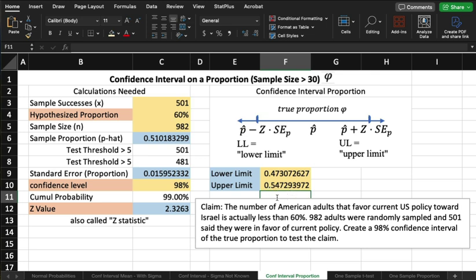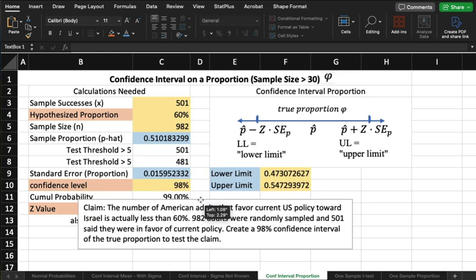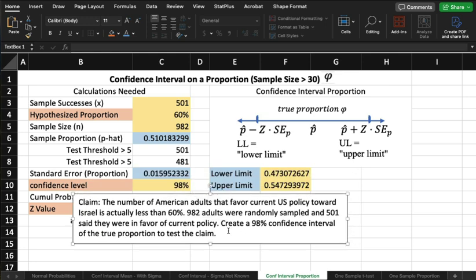So our results are telling us that the true proportion of adults who favor current U.S. policy in Israel is somewhere between 47.3% and 54.8% of adults. So let's look at our claim then.